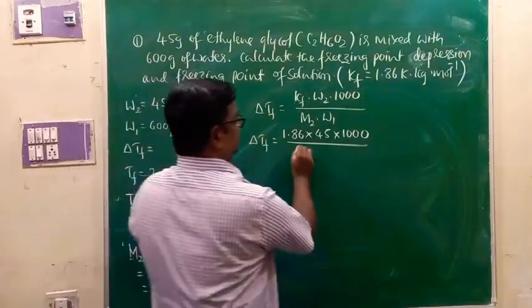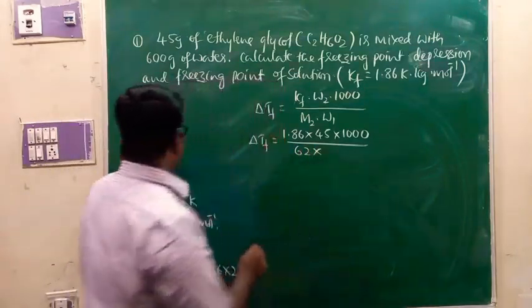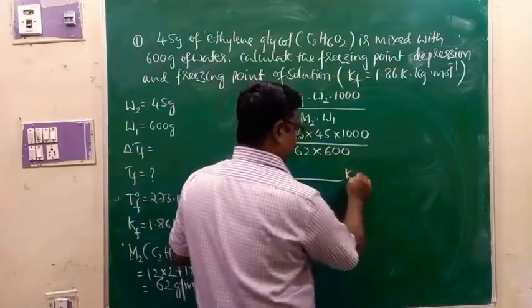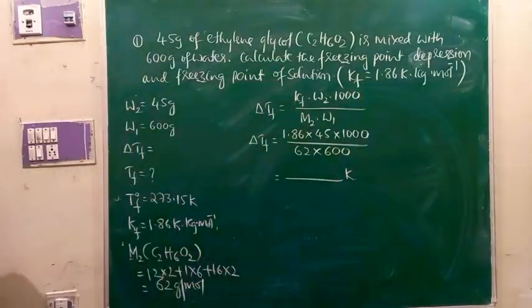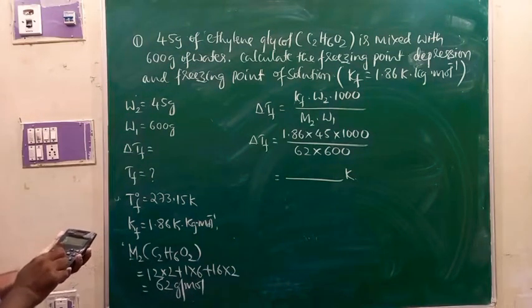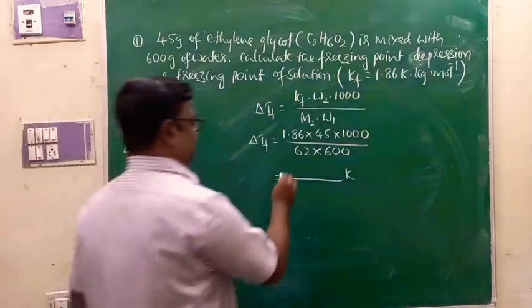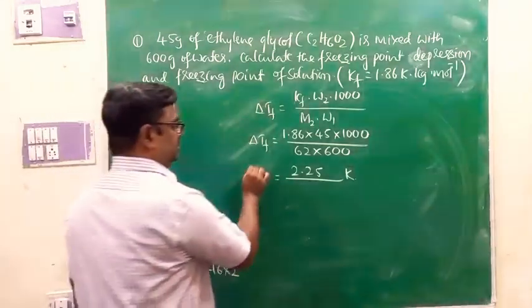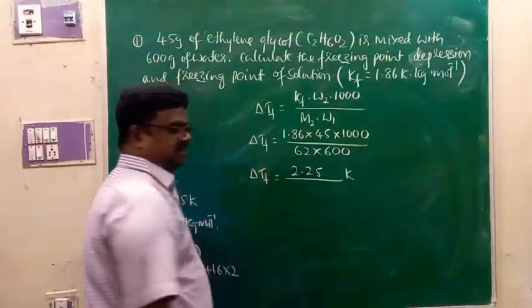That is 62 gram per mole. Mass of solvent is 600. Simplify it and you will get it in kelvins, divided by 62 divided by 600, it comes out to be 2.25 kelvins. That is the freezing point depression, or depression in freezing point.